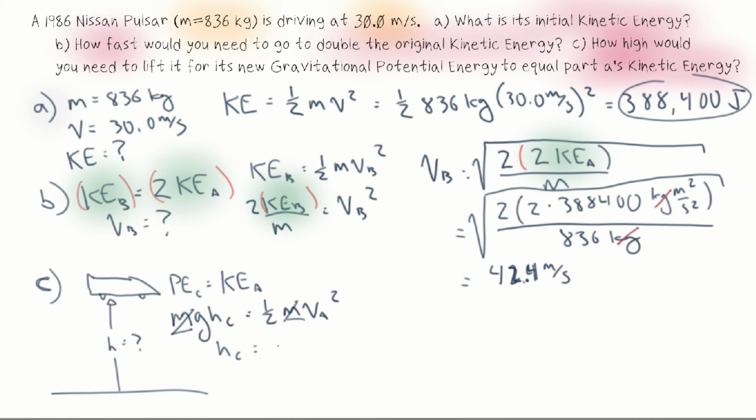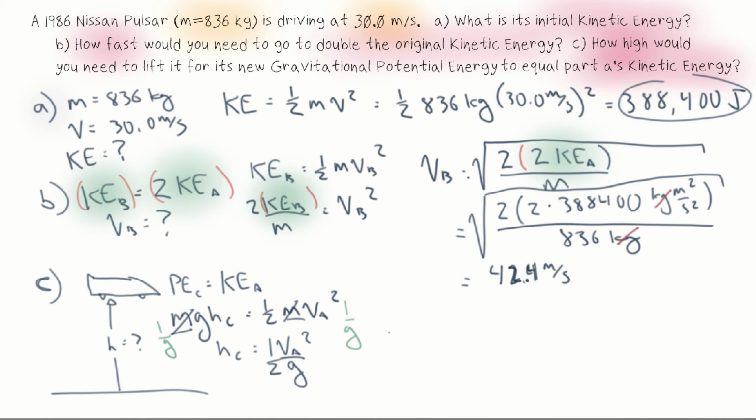So HC equals VA squared, and that's times 1/2. And then we need to take G and move it over. So we're dividing both sides by G. So we're going to end up having a G in the basement there too.